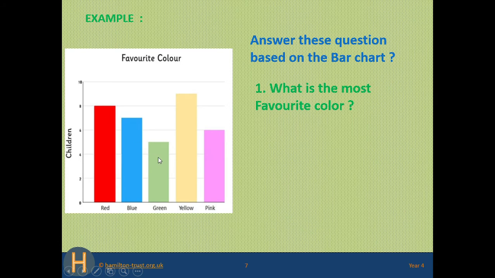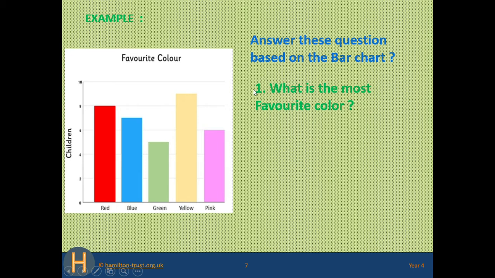Kemudian for green color berapa anaknya? Berapa anak ini? Okay, good. 5 children. And yellow 9 children. For pink 6 children.